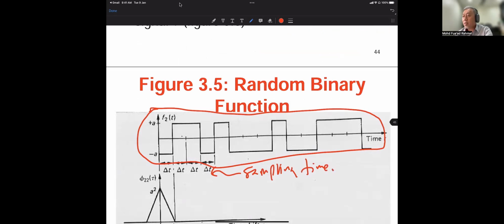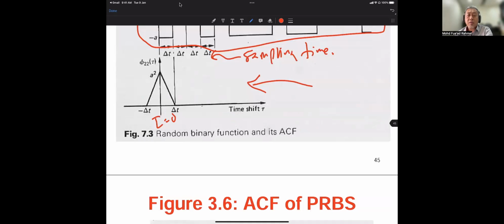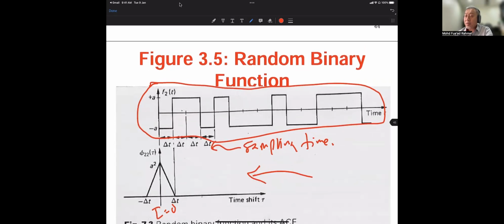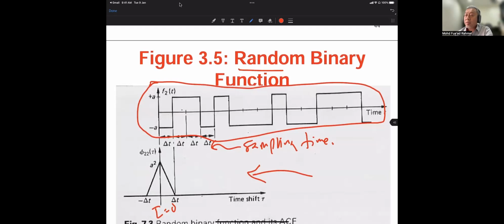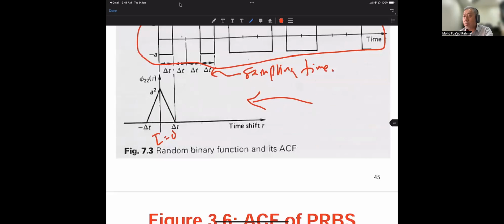I will discuss this later in the next chapter, chapter 2C. The autocorrelation function is triangular, which is maximum at tau equal to 0, because of the random nature of the random binary functions. The name also says random, so that's why the autocorrelation is maximum at tau equal to 0.